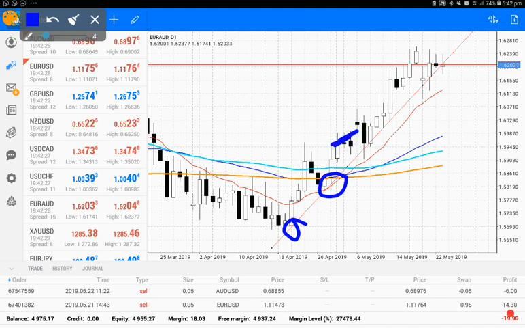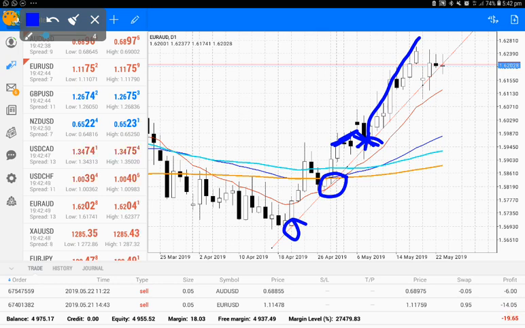I would have waited for the pullback to this point, and then I would have entered the market here and traded it up. Okay, so by now my trade would have gone from here all the way to somewhere here, which is close to 59456239, close to about 600 to 700 pips in profit right now.